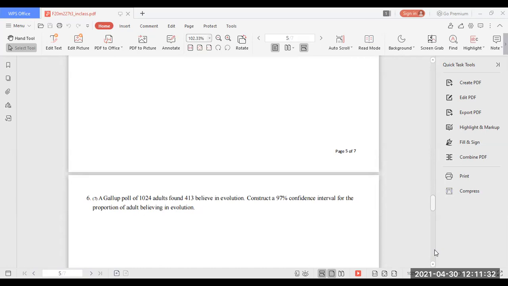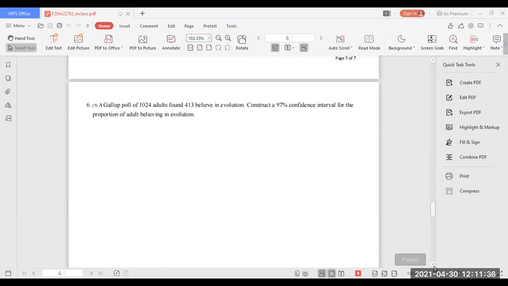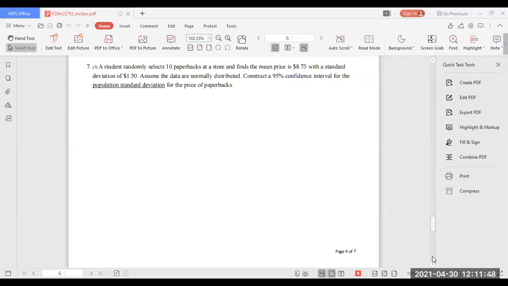However, starting from page number 6, it's different. In Fall 20, I already include a confidence interval for p, which we didn't have earlier, and a confidence interval for population standard deviation.